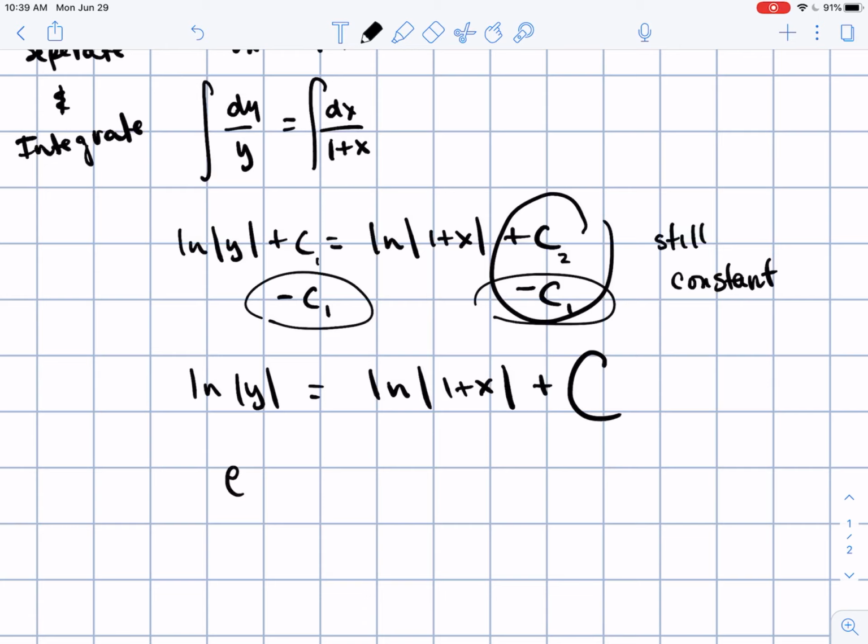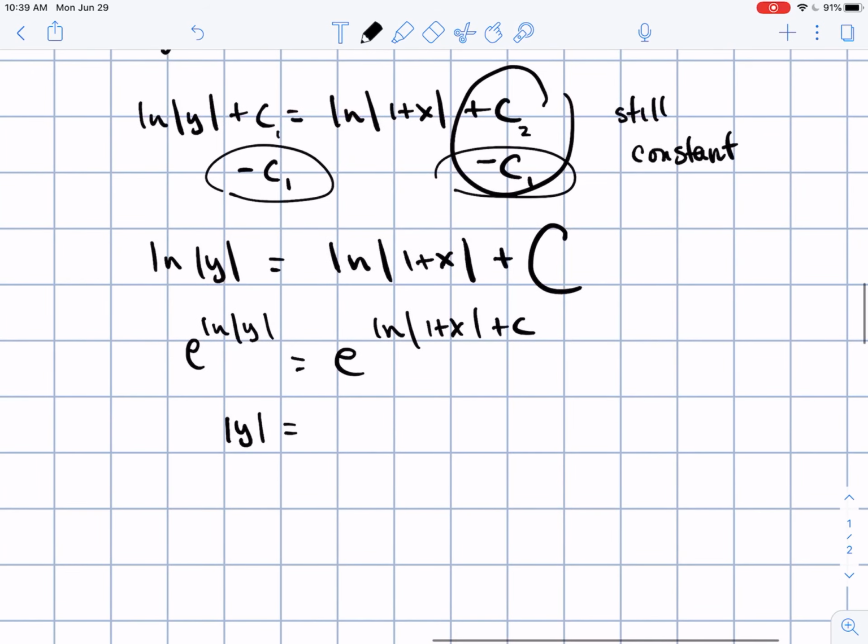So e to the ln absolute value of y, and e to the ln of 1 plus x plus c. A couple properties here: e and ln are inverses. You get absolute value of y equals, be careful with this, you want to break it up: e to the ln of 1 plus x, and then e to the c.